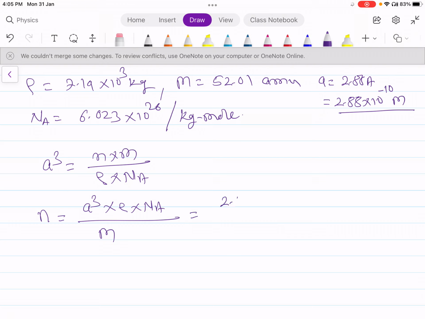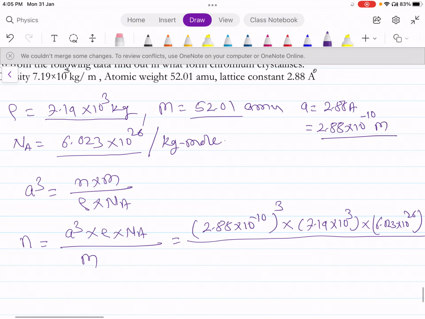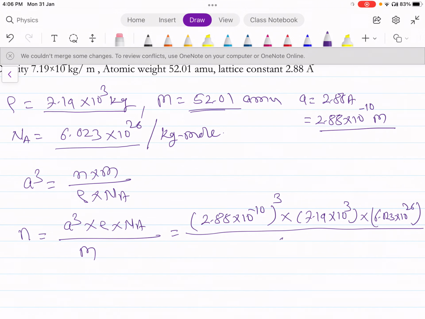a is 2.88 into 10 to power minus 10 meter, cube of a, into density, this is the density, 7.19 into 10 to power 3, into Avogadro's number, this is the Avogadro's number, 6.023 into 10 to power 26, and these divided by M. M is the molecular or atomic weight, and that is equal to 52.01.